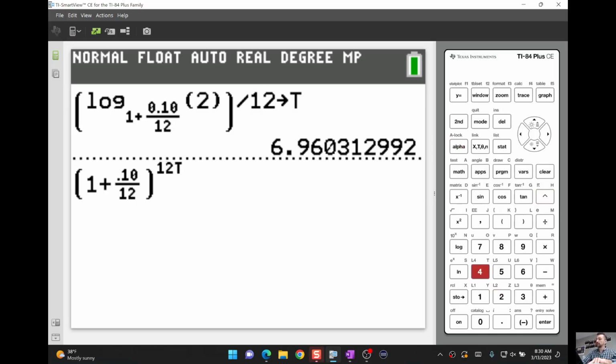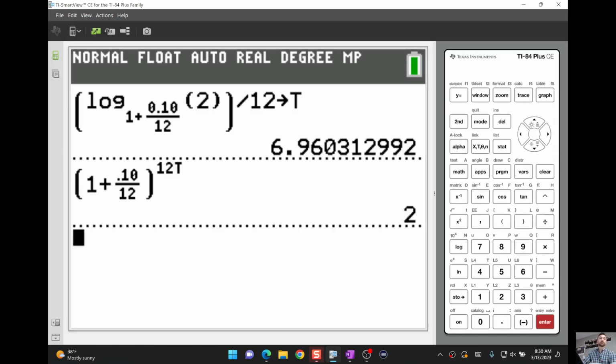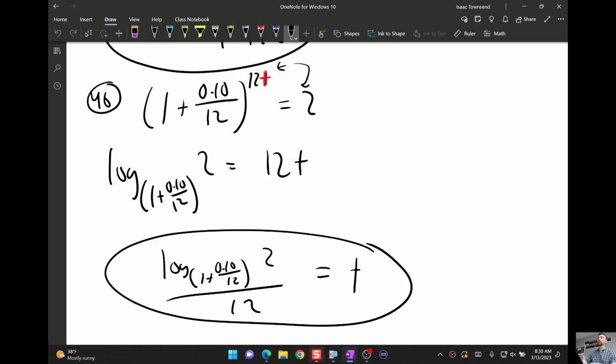It's supposed to make it equal 2, and it did. So now I know for sure that that answer I got was correct. So, more stuff to it, but big picture was still just switching from exponential form to logarithmic form, and then undo times 12 with divide 12. But you have to kind of get over the fact of how messy it looks.